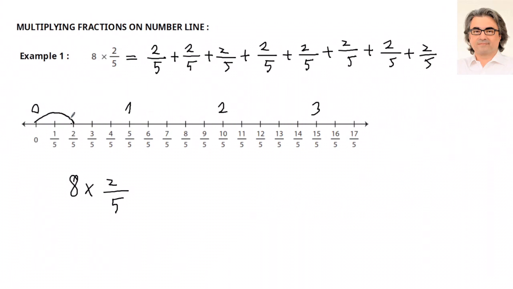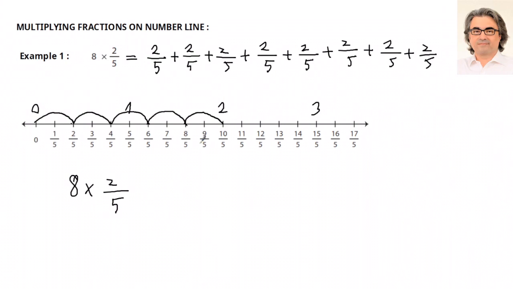But I should show here 8 moments. What about the second moment? I should reach here 4 over 5, 1, 2. I should reach here 6 over 5, 1, 2, and then 8 over 5 for the fourth moment. What about the fifth?